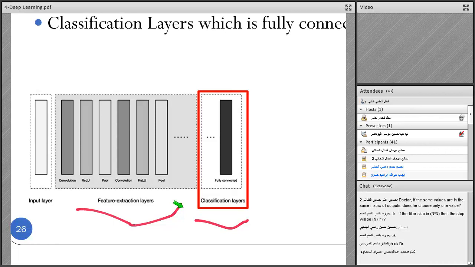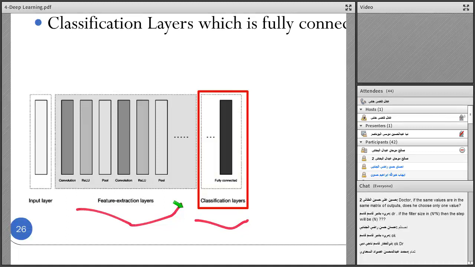The classification layers are layers that are only for learning. We said that classification is a type of learning where we want to find the relation between the inputs and output.